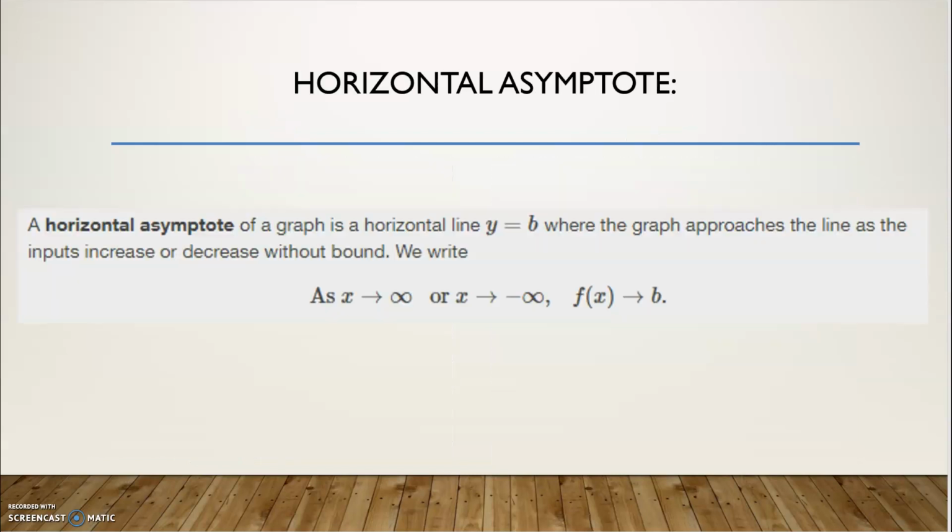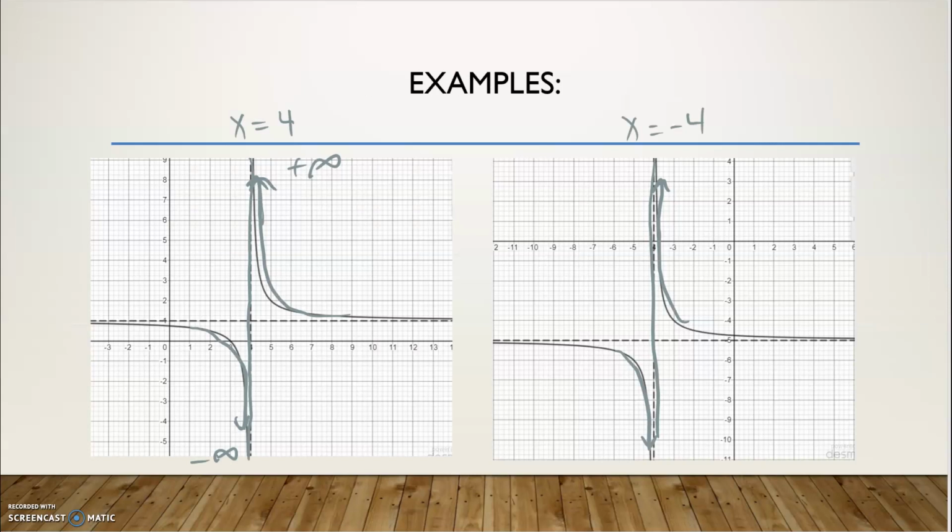Now a horizontal asymptote is a line y equals some number b, where the graph approaches the line as the inputs increase or decrease without bound. So x can be approaching positive or negative infinity, it doesn't matter, but y is going to approach that b value. So if we look at this right here, this is y is equal to, looks like 1.